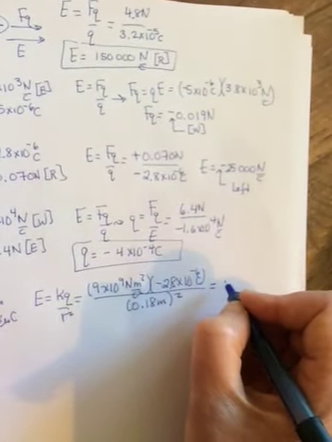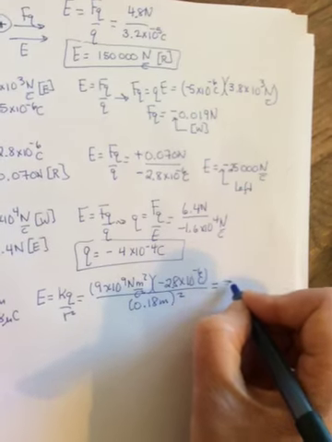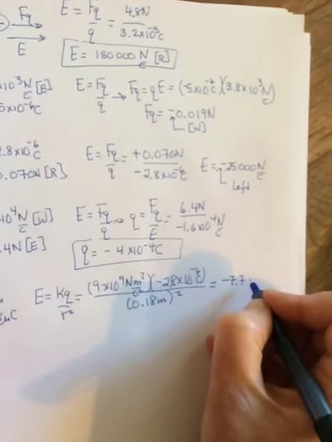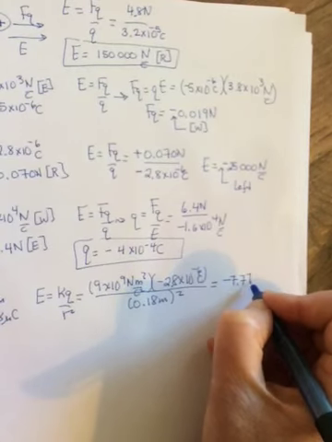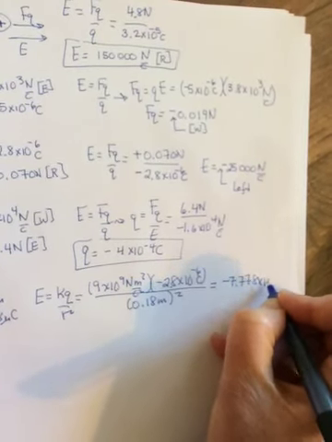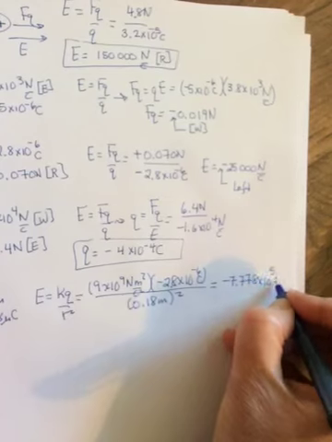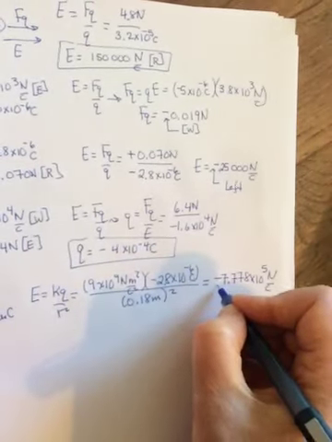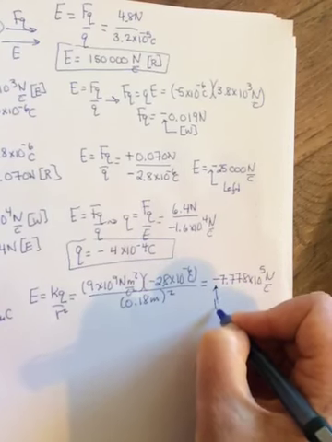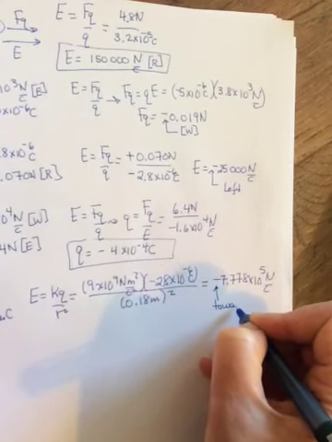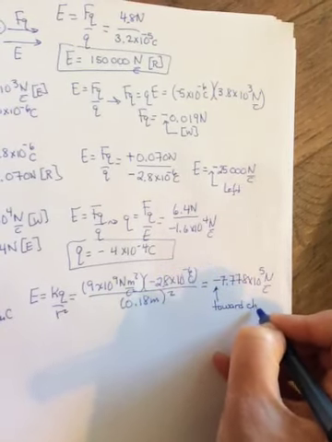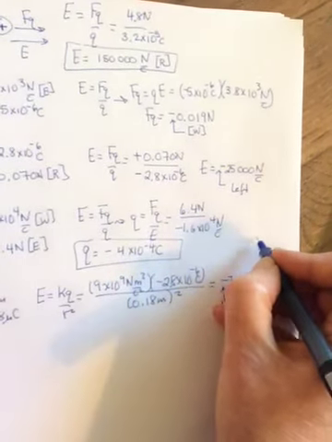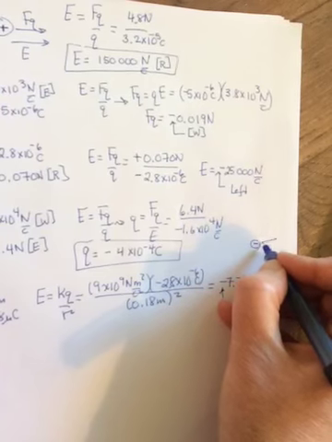You are going to get a negative here, 7.778, might be 7 repeating, times 10 to the 5th newtons per coulomb, where the negative means it's going towards the charge, right? Because remember, the field lines around a negative charge point inward.